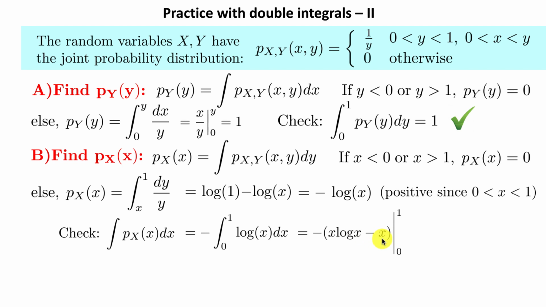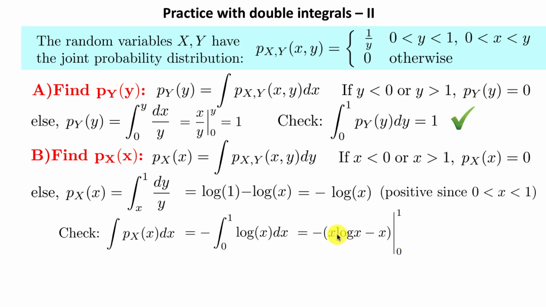The integration limits over here are from 0 to 1. When I put x equal to 1, I get 1 log 1, that's 0 because log of 1 is 0, minus 1, that's this x equal to 1, and so that minus into that minus is a plus. What about the lower limit?